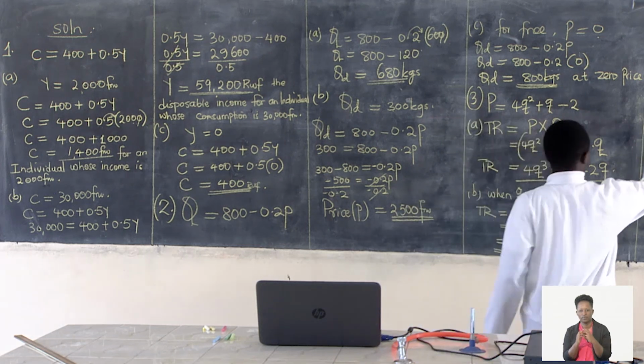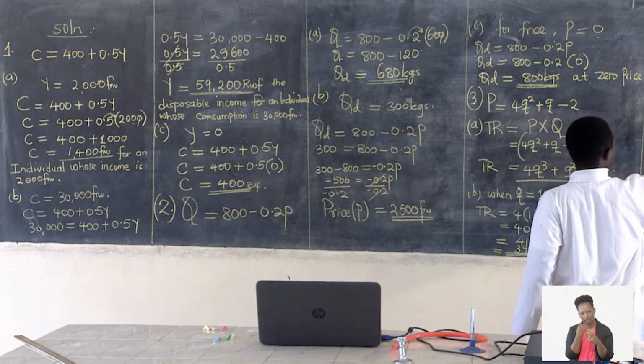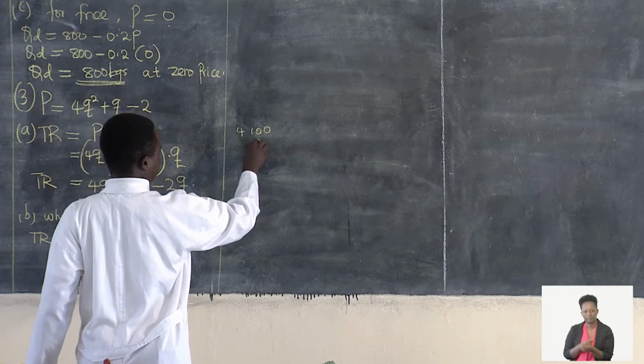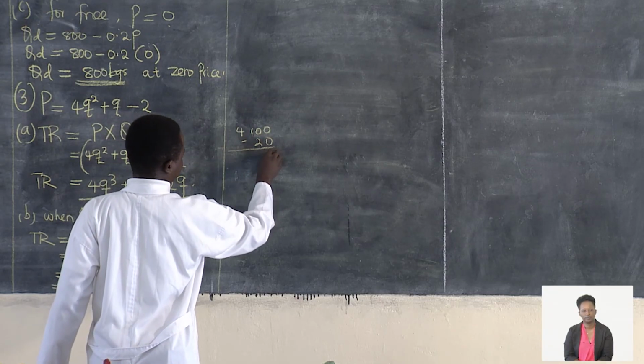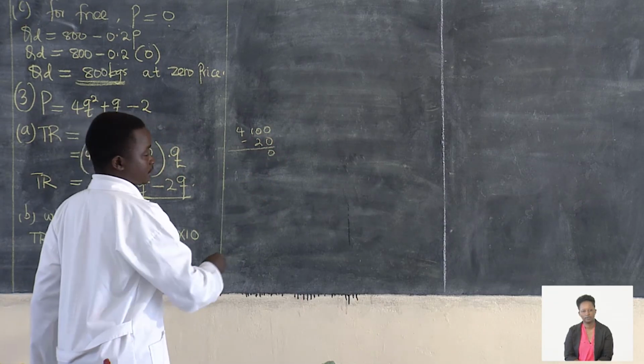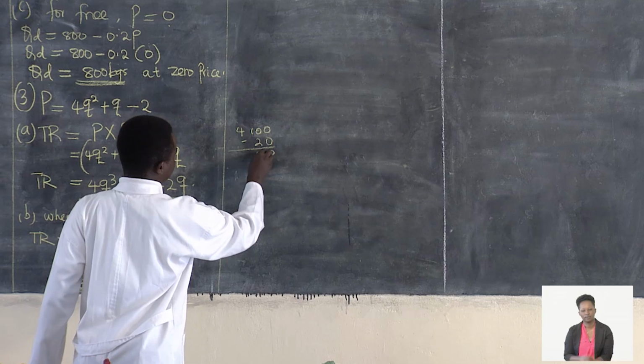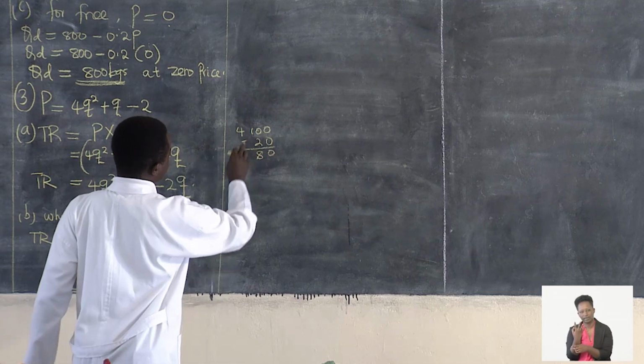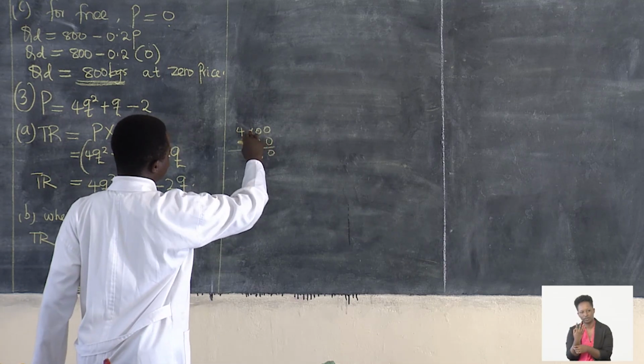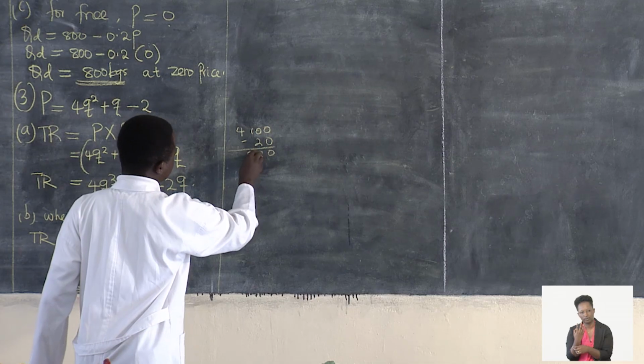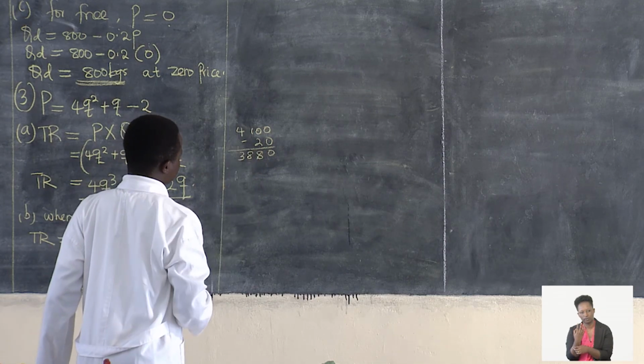So you can try to check. If you get 4,100 minus 20, see if we get the right figure.